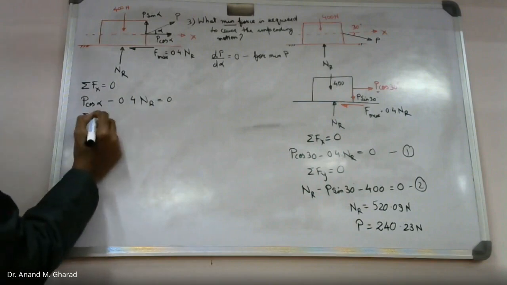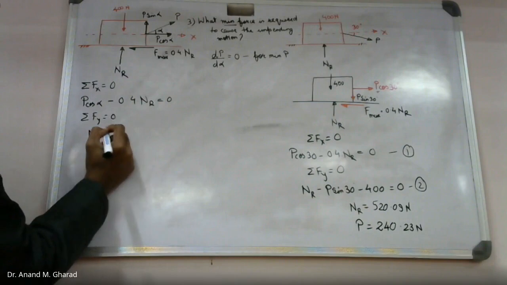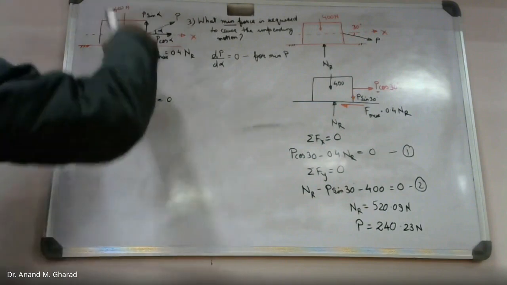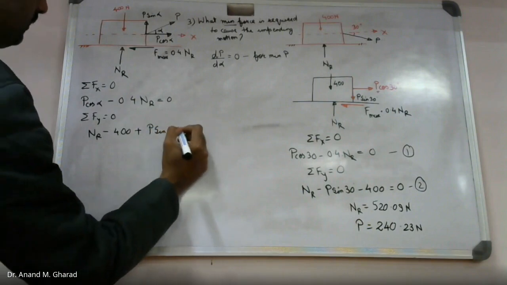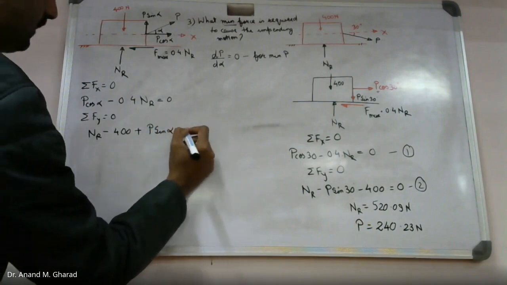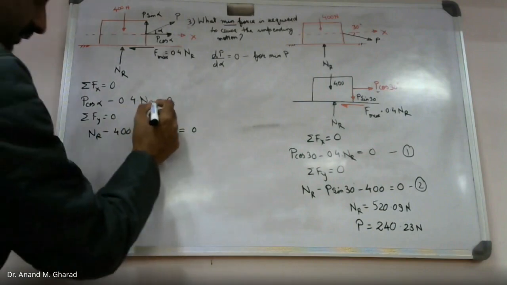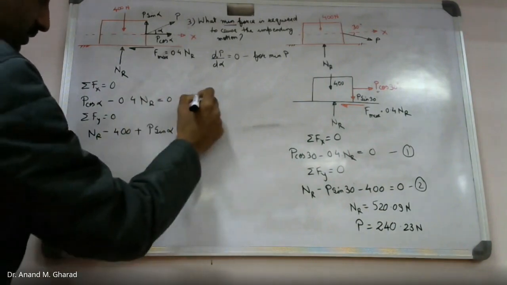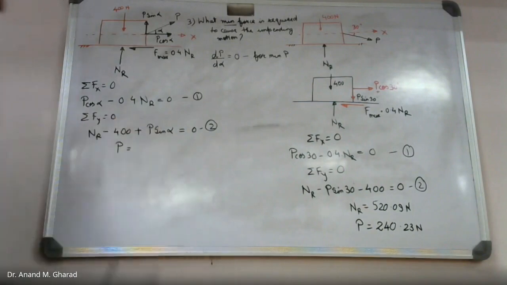Then summation of force in y direction equal to 0. NR positive minus 400 negative direction. Over here it is plus P sin alpha, okay, equal to 0. You express everything, these two equations, 1 and 2, in the form of P.